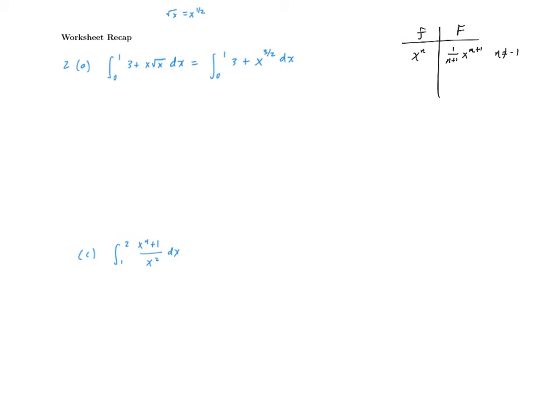And note that would be what? n equals 3/2 with the second term, but the first term, a constant, also fits this pattern. This would be n equals 0, if we prefer to think about it that way. So note, when n is equal to 0, you would get back 1 over 0 plus 1, x to the 0 plus 1.